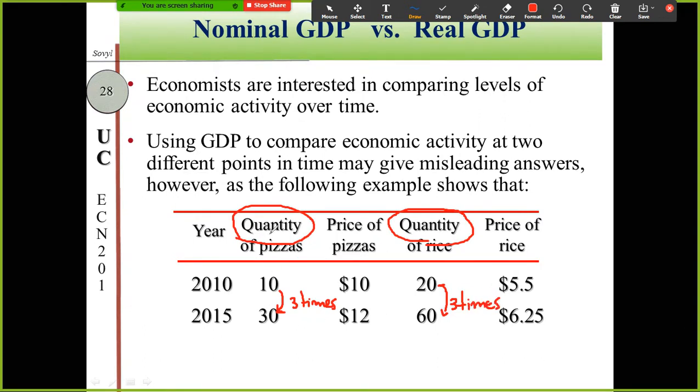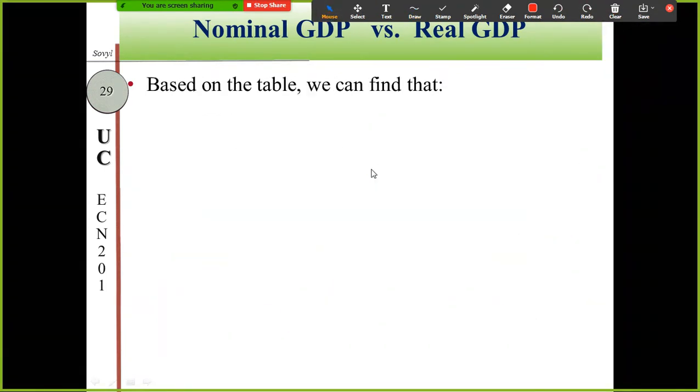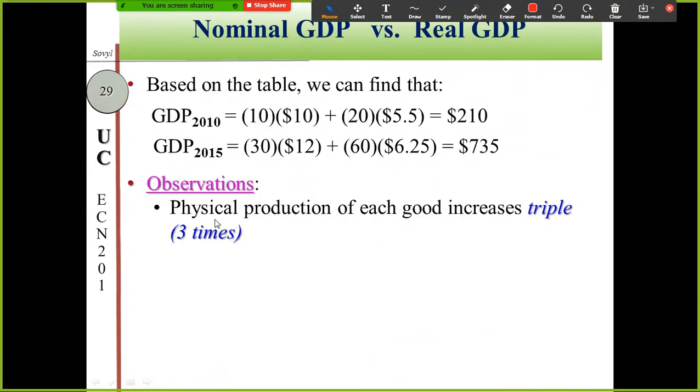Okay, so by looking at the physical production, or the activities of producing these two goods, we can see that from 2010 to 2015, the activities of producing these two goods increased by 3 times each. That's why, in this observation, the physical production of pizza and the physical production of rice increase triple, 3 times.